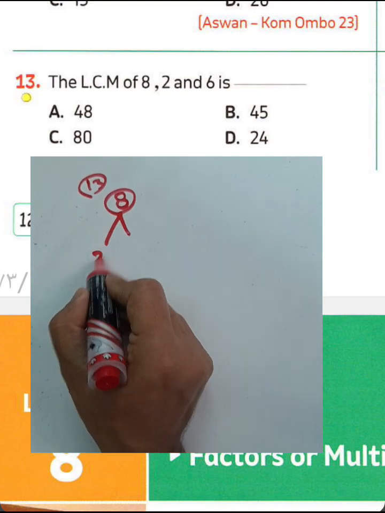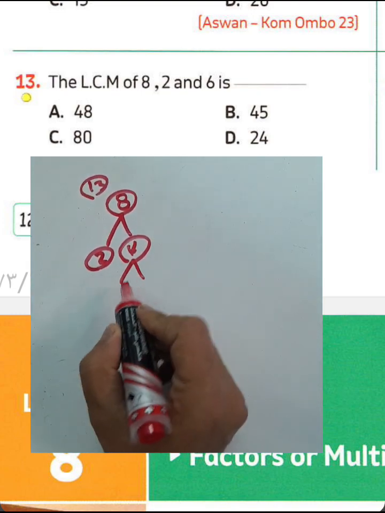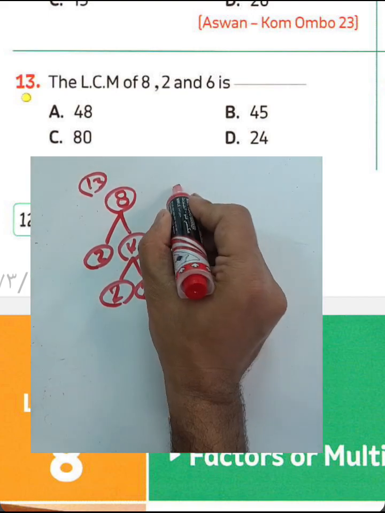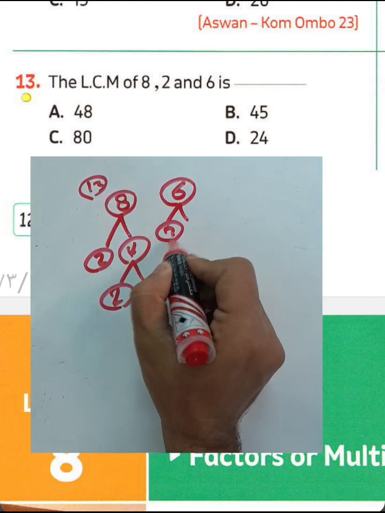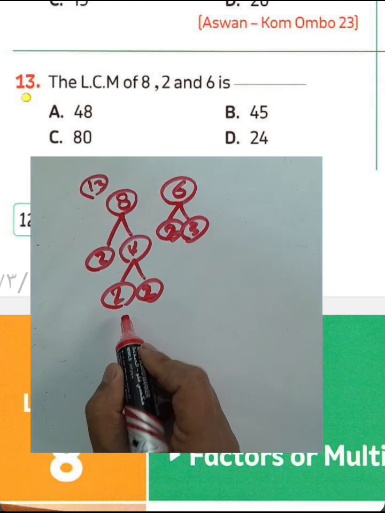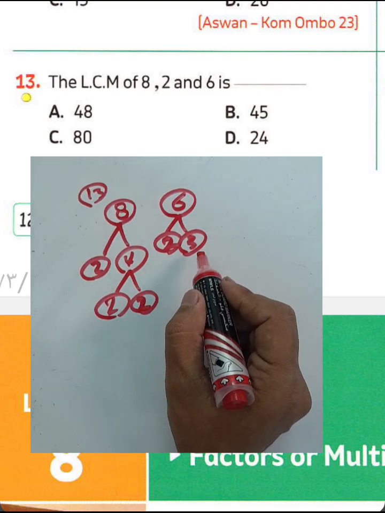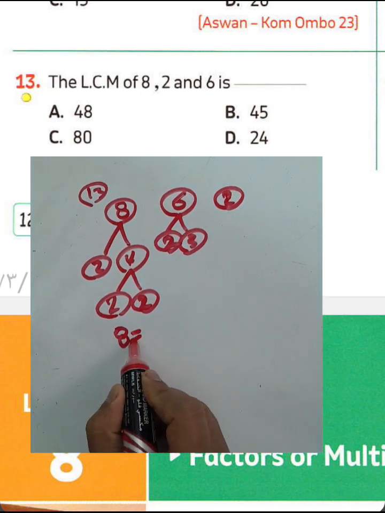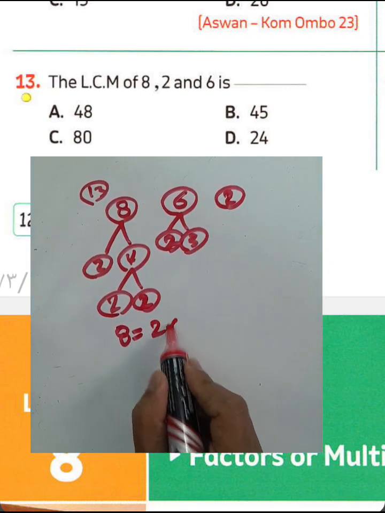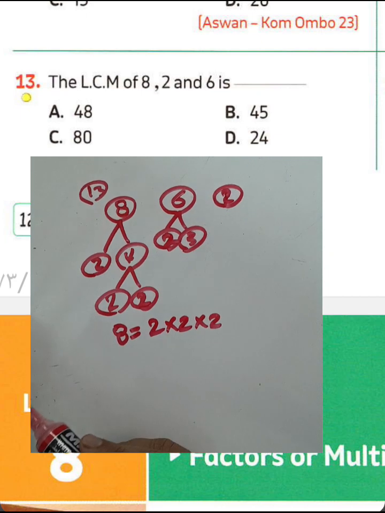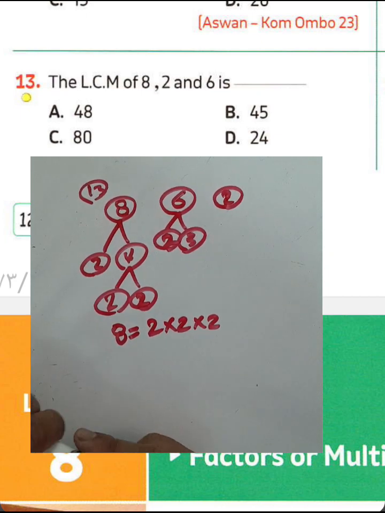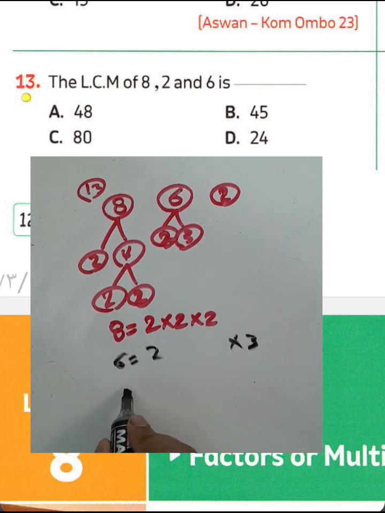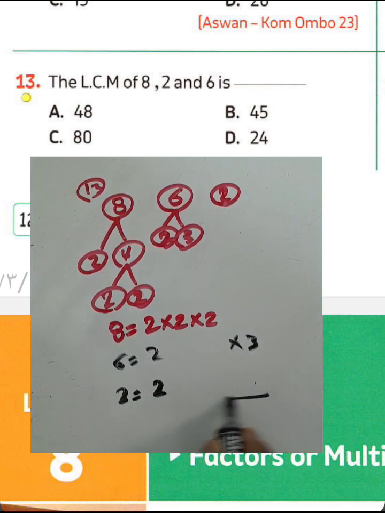Or you can solve this example by factorization. 8 equals 2 by 4 and 4 equals 2 by 2, and 6 equals 2 by 3, and for the last one, 2, we have 2 here. So we can write 8 equals 2 by 2 by 2, and 6 equals 2 by 3, and 2 equals 2.